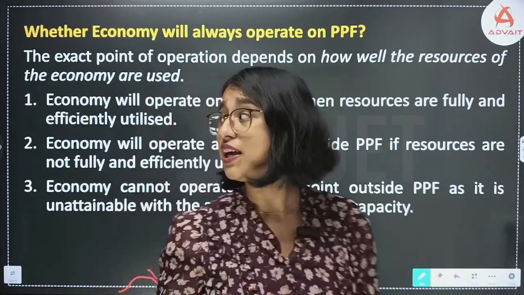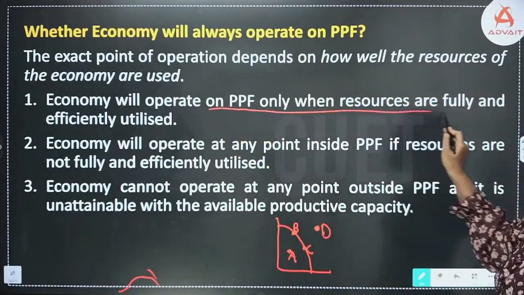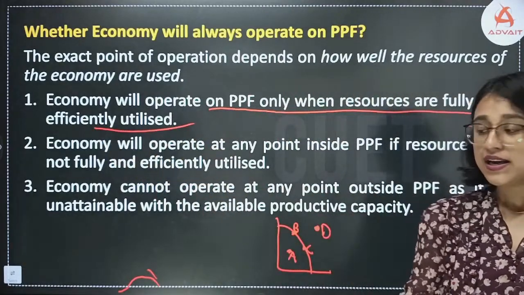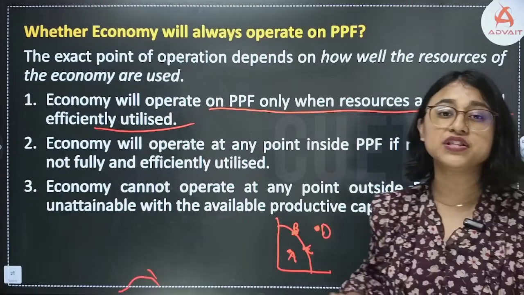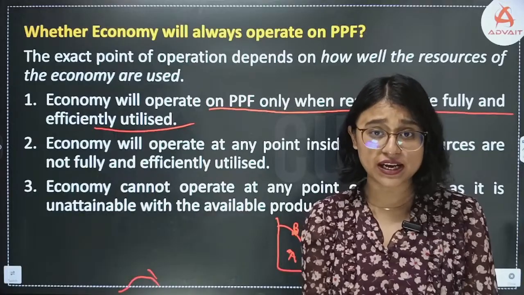So we can say the economy will operate on the PPF only when resources are fully and efficiently utilized. At points B and C the economy operates where the available resources are fully and efficiently utilized.